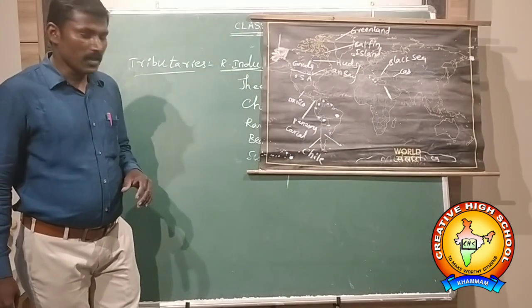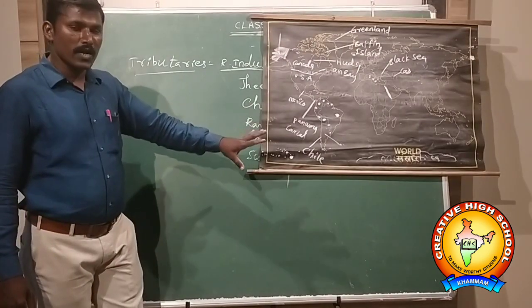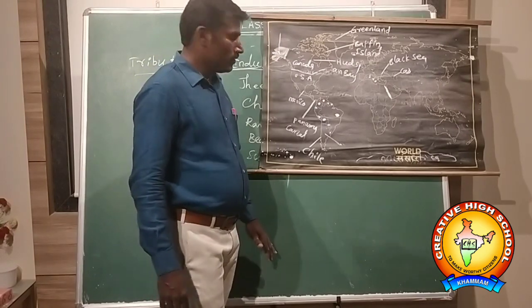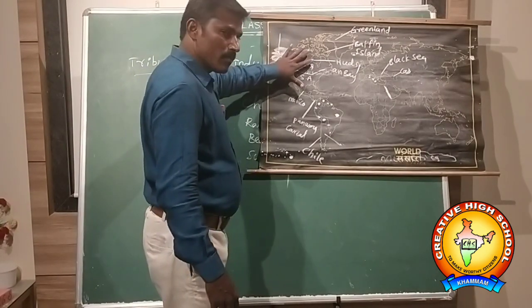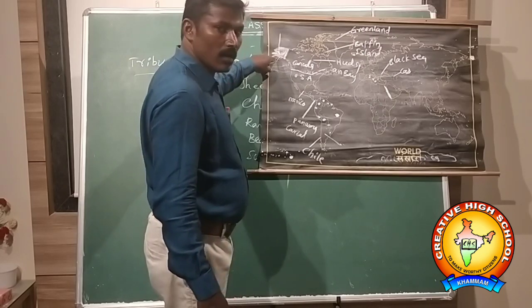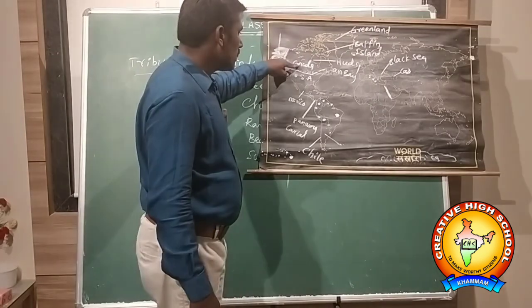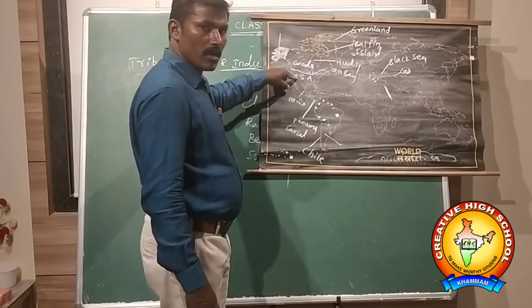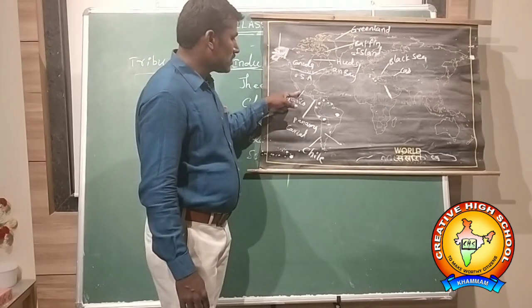Once again, let us see here, an easy map pointing task. From North America, this is Alaska. This one is Canada. This one USA. Mexico.